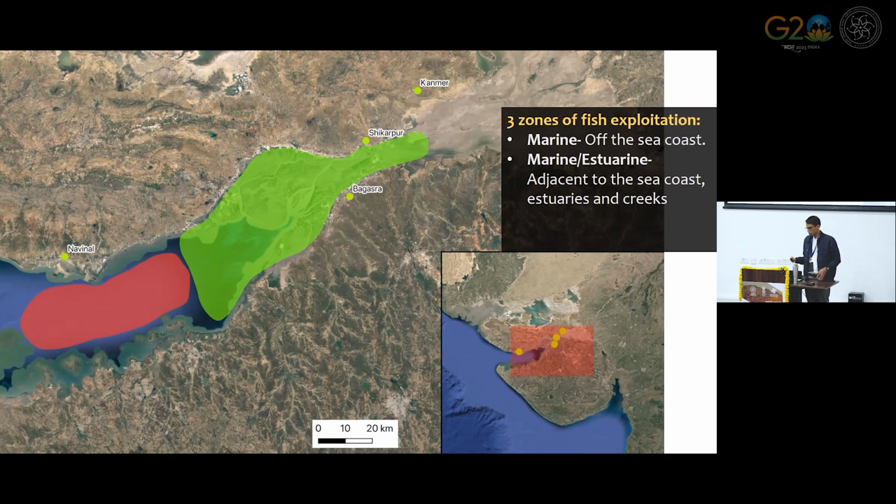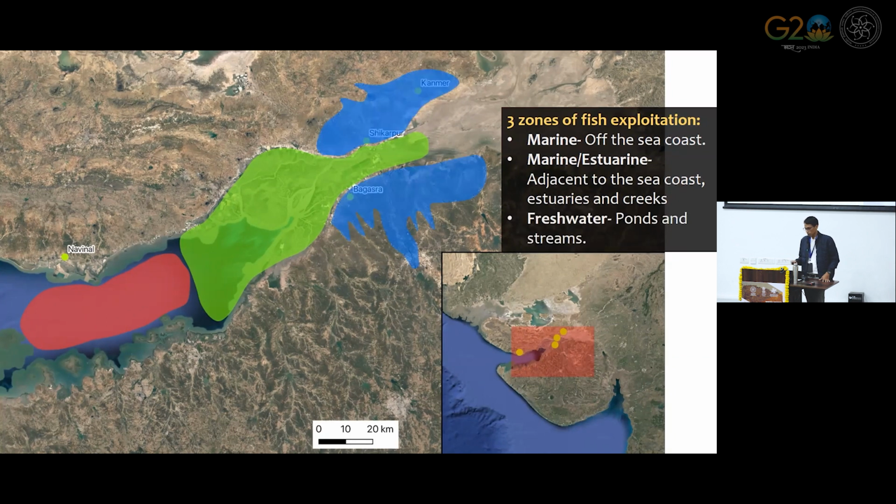This is the most potential area for fish exploitation by these Harappans. And the freshwater environments were also exploited, especially, as the data indicates, during the post-urban periods.